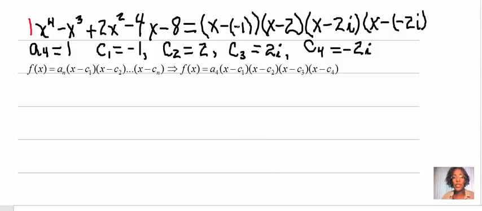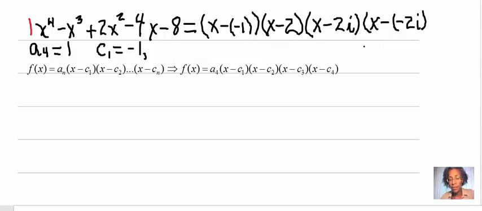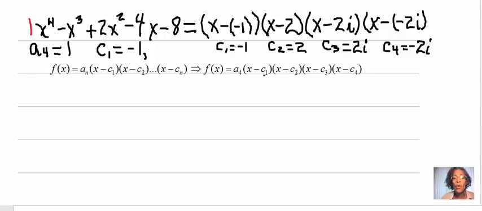So we fulfilled this for this problem. And you know what? It would have been nice if I would have lined these up. So let me take a minute and do that. Okay, so those are our roots. And notice that the order that you write the roots in doesn't matter. And why is that so? Because it doesn't matter what order we multiply in. Multiplication is commutative. That means 2 times 3 is the same as 3 times 2.